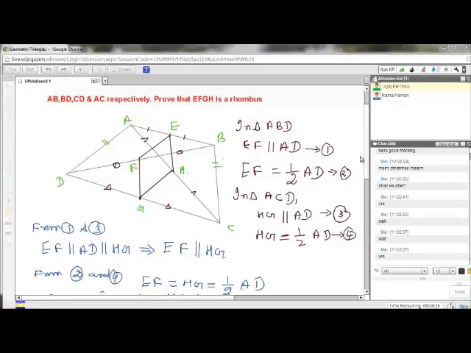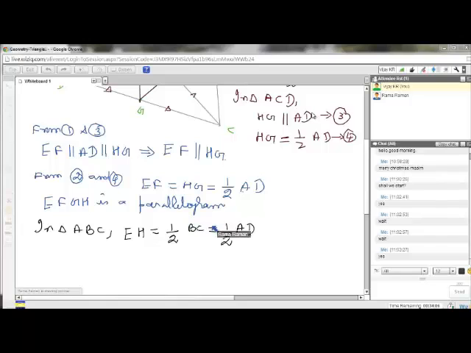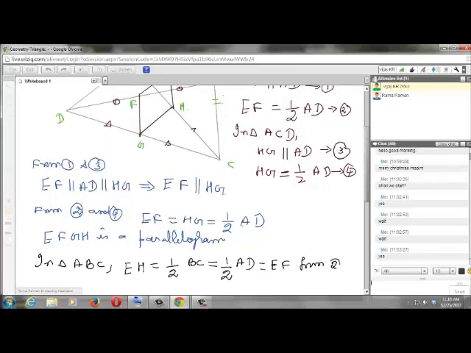What is it? See, EF. EF is equal to half AD. So, from the second condition, I am going to replace the half AD by EF.